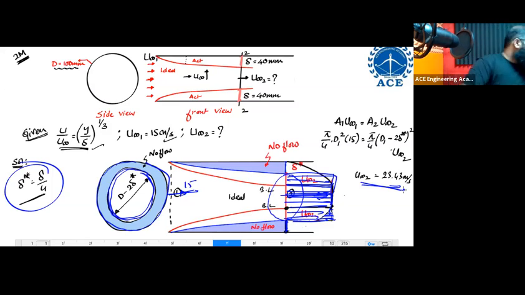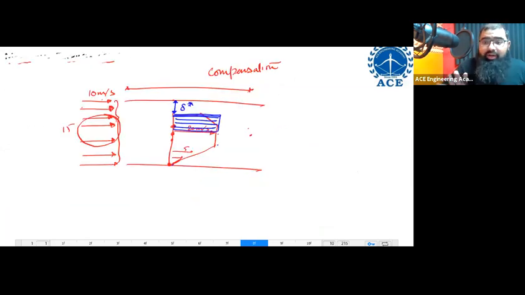Are you following now? Is it clear now? Okay, now you got it. Very good. See, you people want some kind of realistic images, but you have to create. Look, what I'm telling right now is not just for my GATE class or my IES class.